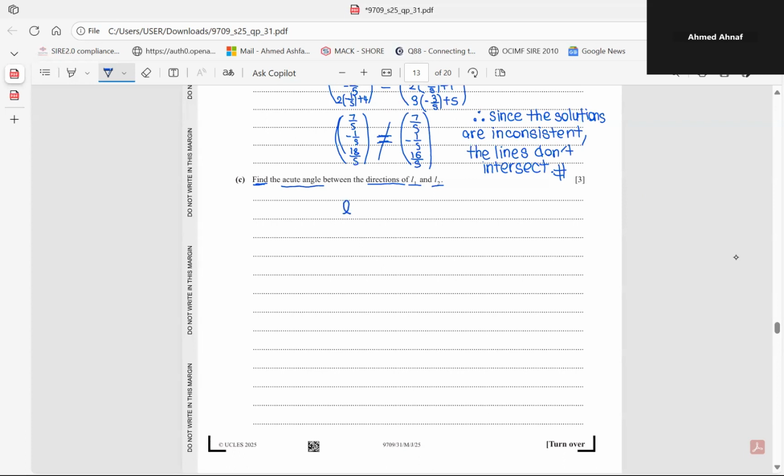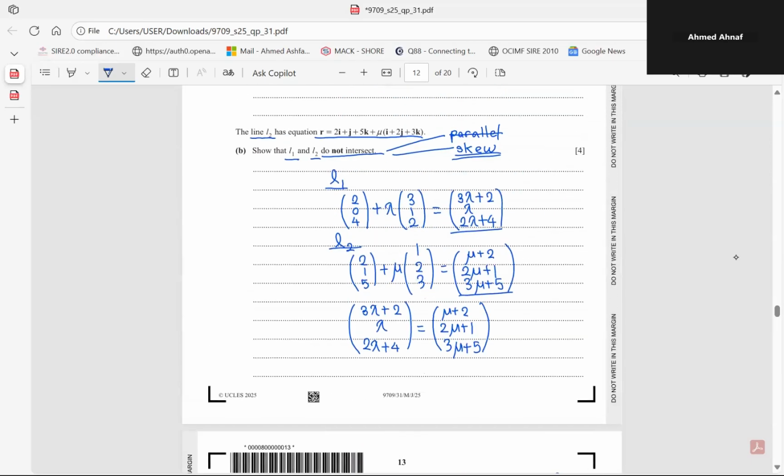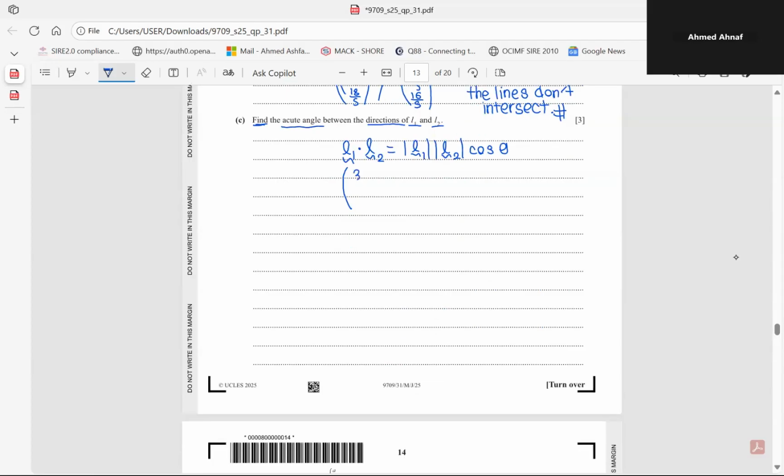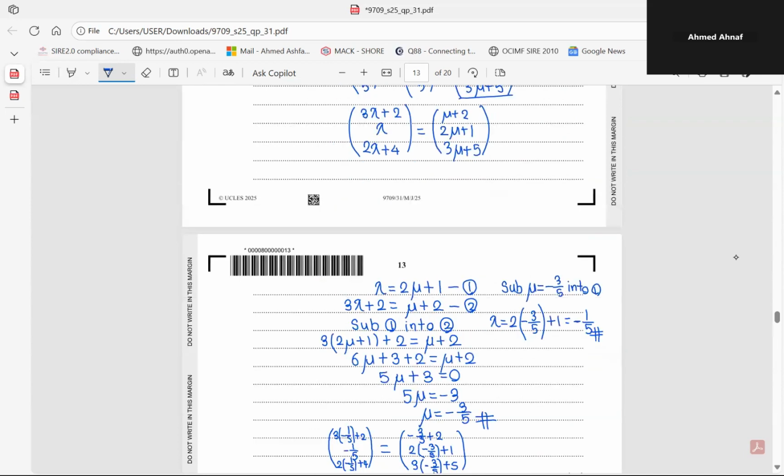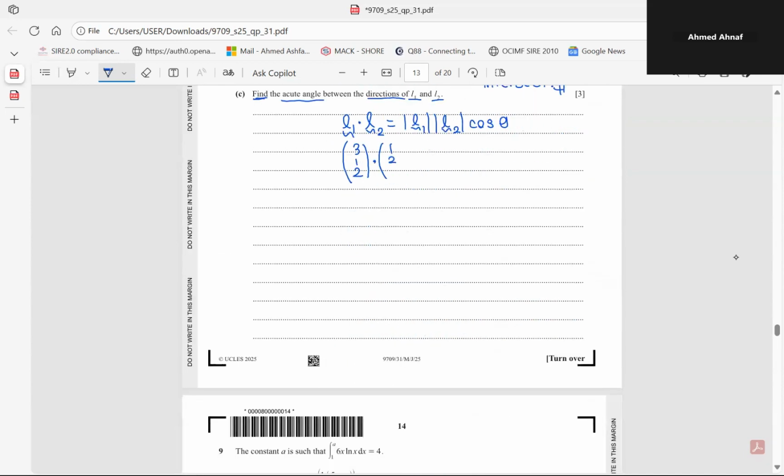So the product rule states that the direction vectors of L1 and L2 dotted equals the modulus of L1 times the modulus of L2 times cosine theta. Okay, so the direction vector of L1 is 3, 1, 2, and dotted with that of L2, which is 1, 2, 3.